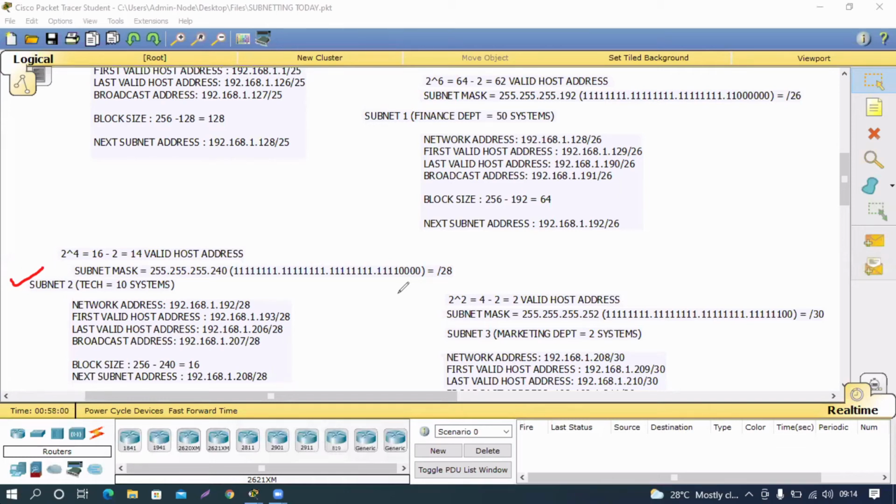Then when we add this 16 to the network address of this subnet, we get the next subnet address, which will be 208.